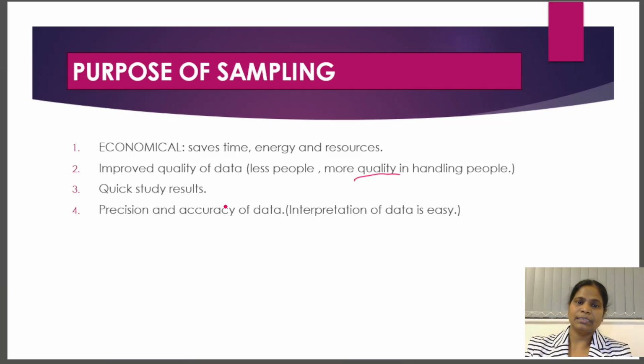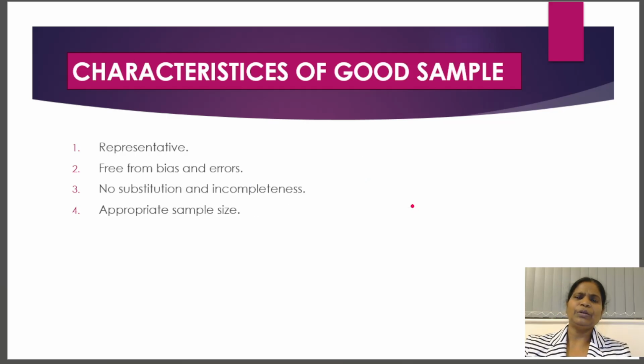Coming to quick result study, yeah. Next, precision and accuracy of data. Interpretation of data is easier when you select a certain amount of sample which can represent the population.